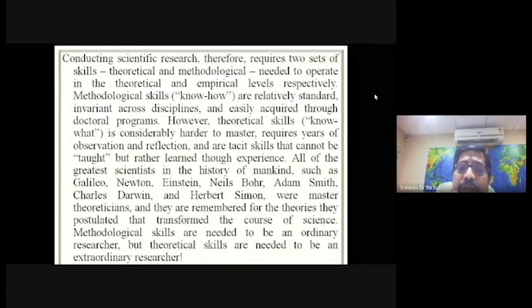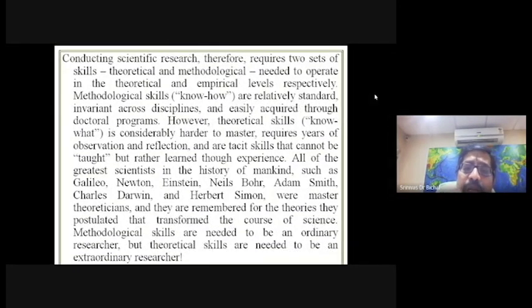You see, we have lots of very well-known scientists: Galileo, Newton, Einstein, Niels Bohr, Adam Smith, Charles Darwin. So what did they do? They are all master theoreticians. They have proposed many theories. And most of them did not have very basic education, like they did not have a PG, post-graduation. They are not serious researchers.